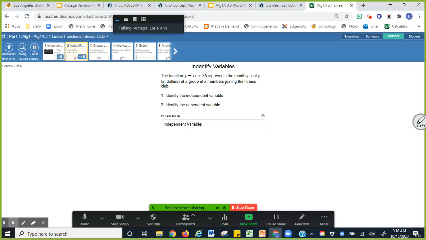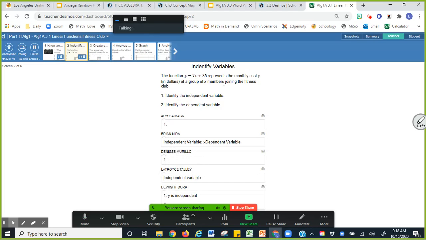Like what must happen first before it brings about an effect in the other variable. So here we're talking about two variables, y and x, where y is the cost and x is the number of members. So, what do you think is the variable that causes changes in the other?